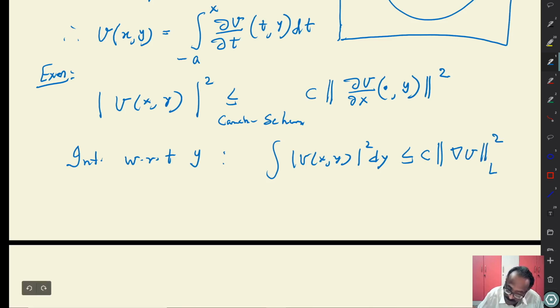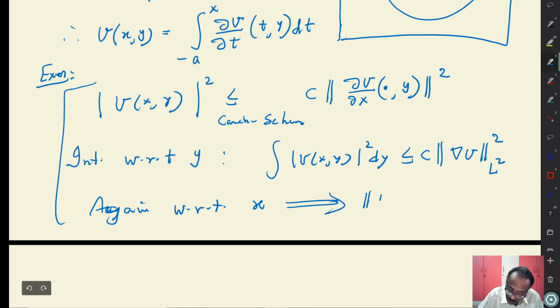Now there is no x here, so integrate again with respect to x. That's all. Please complete these exercises. With respect to x, this implies the L2 norm of v is less than or equal to a constant times the norm of grad v.